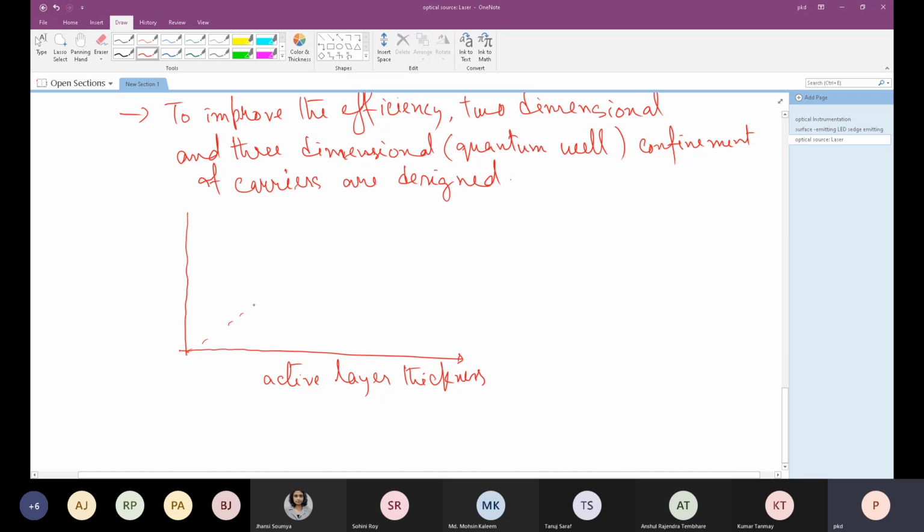It almost increases linearly with thickness in micrometer.